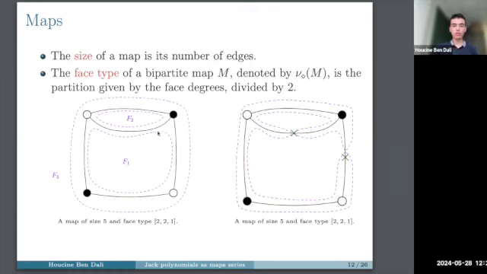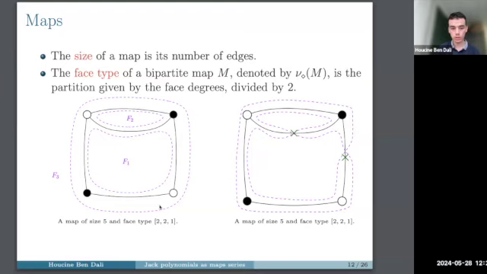And so when you have a map, we have the white vertices and black vertices, but also this notion of faces, which are obtained by traveling along edges. We can define faces as the cycles obtained when we travel just following the corners of the map.